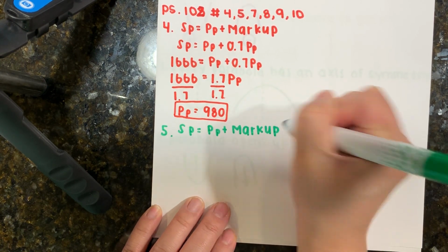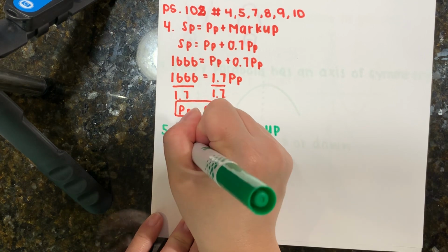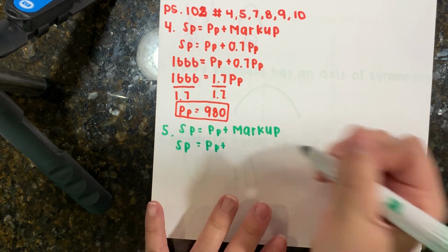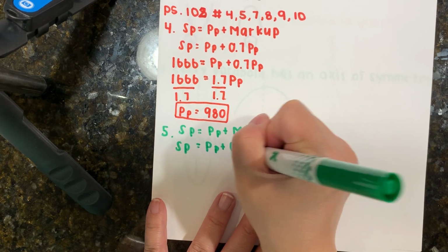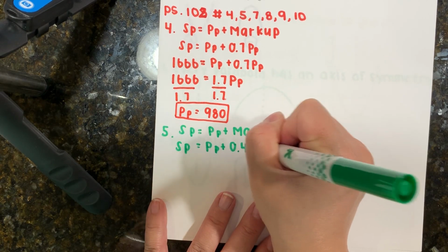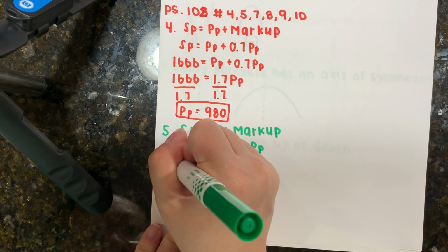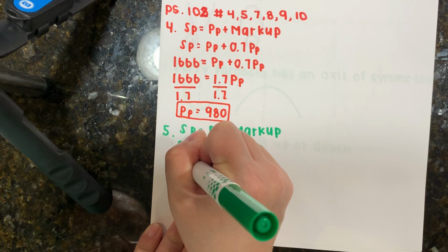Now for this one, it says that the markup was only 40% of the purchase price. So 40% written as a decimal would be 0.4 times the purchase price. Okay, so now it says that the selling price was $16.80, so 1,680.